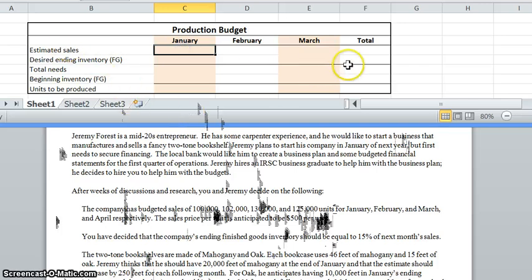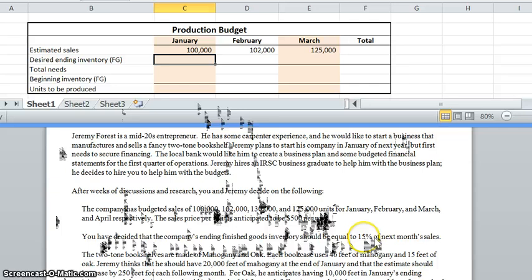So let's try to fill this in. Our estimated sales we found before: 100,000 for January, 102,000 for February, 125,000 for March. Now our desired ending inventory tells us you have decided that the company's ending finished goods inventory should be equal to 15% of next month's sales.